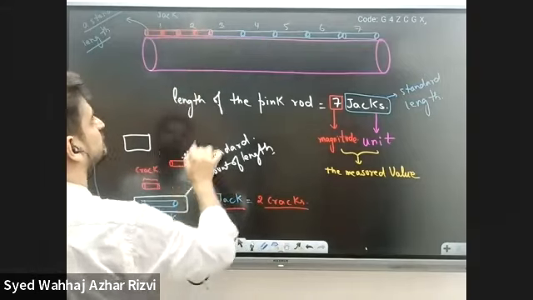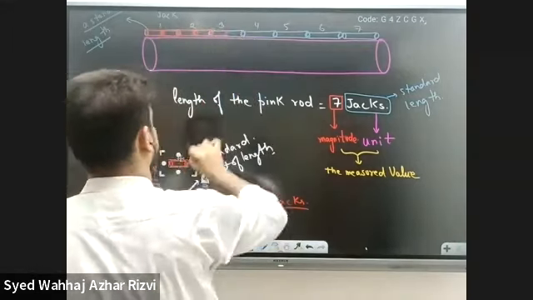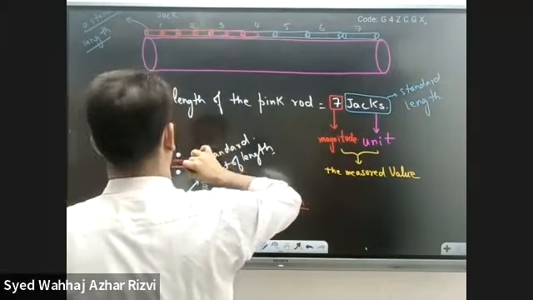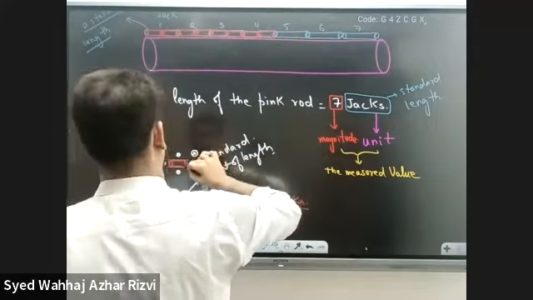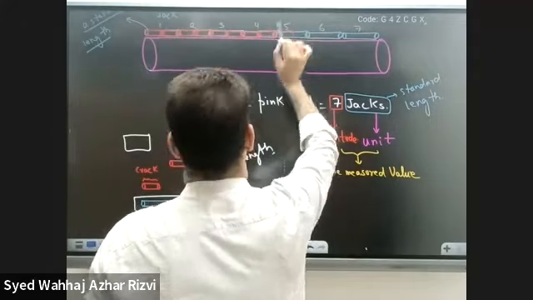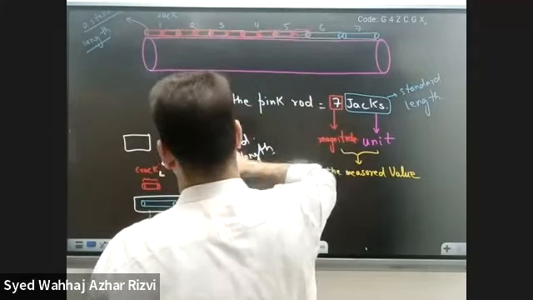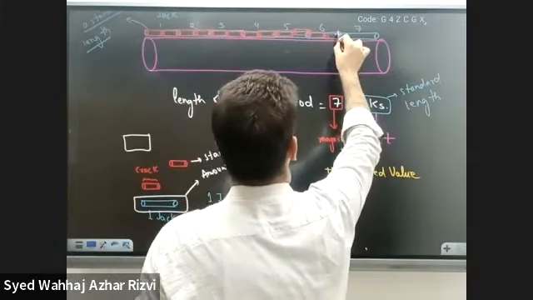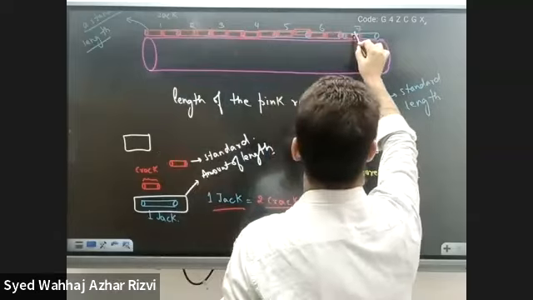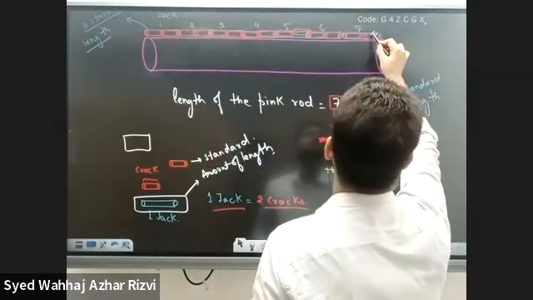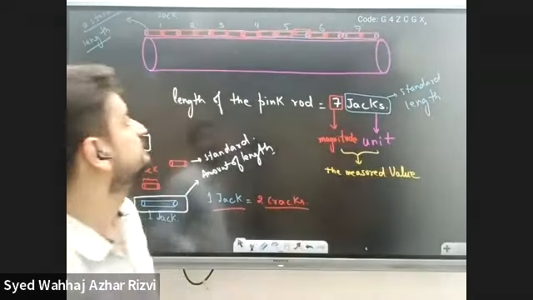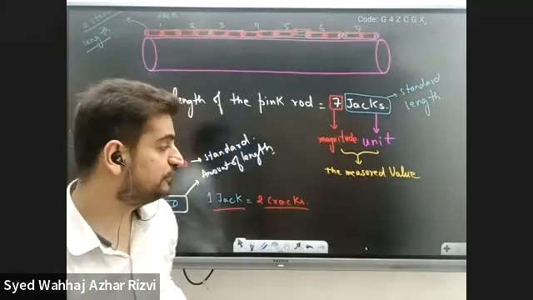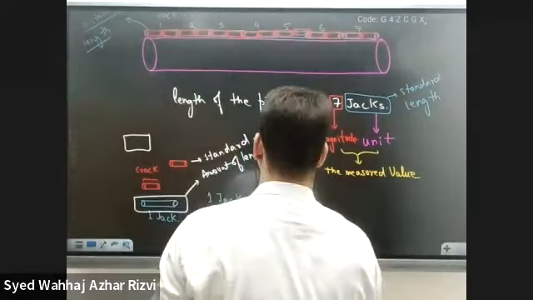Let's keep going. 5, 6, right? 7, 8, 9, 10, 11, 12, 13, and 14, right? So this pink rod is made up of 14 cracks.